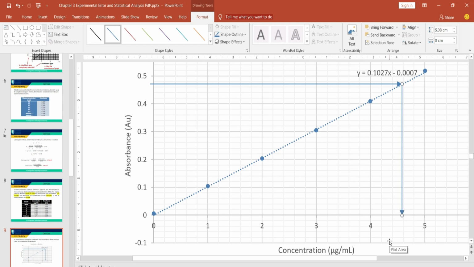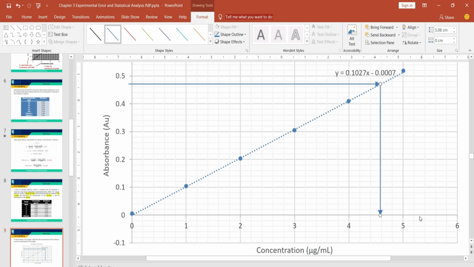Here. So now we know that the value of x is in between 4 microgram per mil to 5 microgram per mil. Okay, and the value of the scale given is around 0.2.